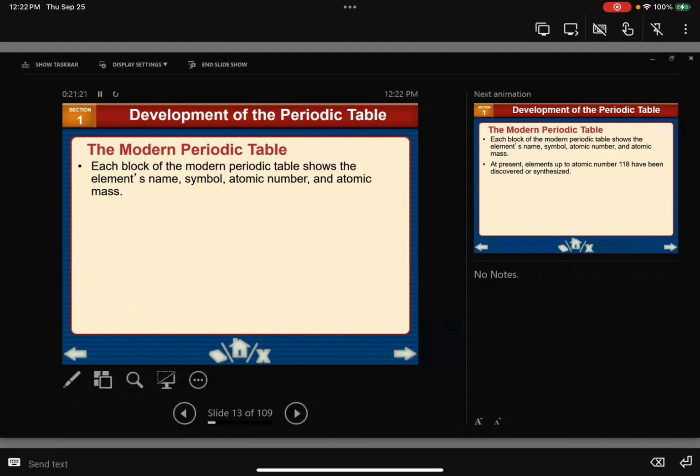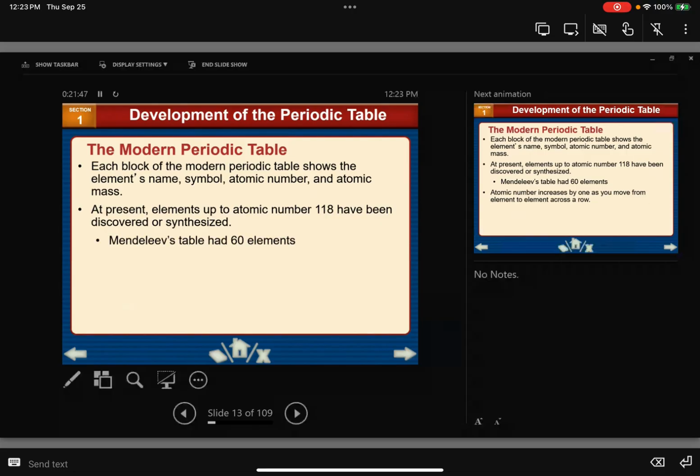Okay. So as of right now, and I don't know of any other elements, but that doesn't mean that they're not trying to make them, there are 118 elements that have been discovered or synthesized, meaning made in a laboratory. Mendeleev's table only had 60 elements on it.